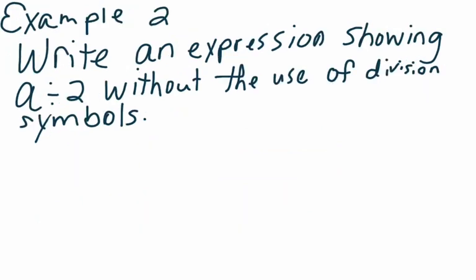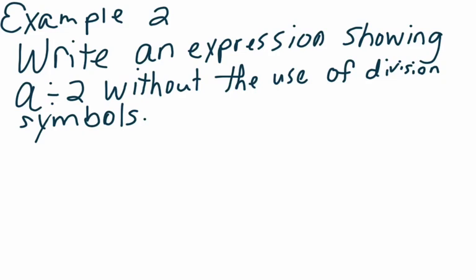Okay, now I'm going to take a look at the second example. We're going to write an expression showing a divided by 2 without the use of a division symbol. It sounds very similar to what we just did, except in this example, one of the numbers is actually a variable, and we are using the letter A for that, and the second one is a number.